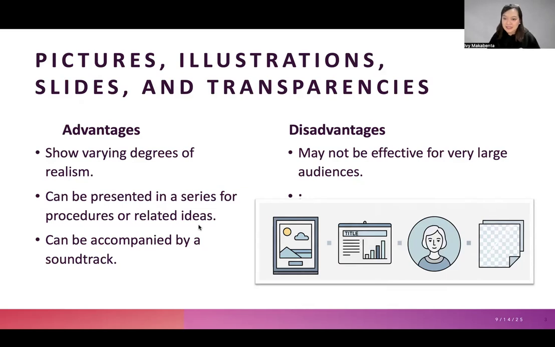They can be presented in a series for procedures or related ideas, and they can also be accompanied by soundtrack. However, their primary disadvantage is that they may not be effective for very large audiences as the visuals may not be easily seen by everyone.